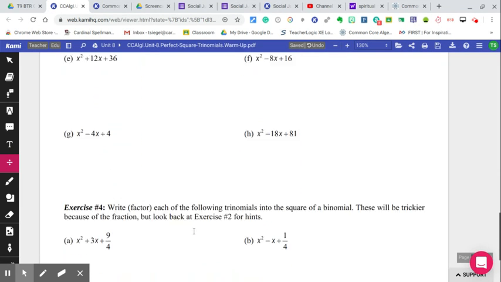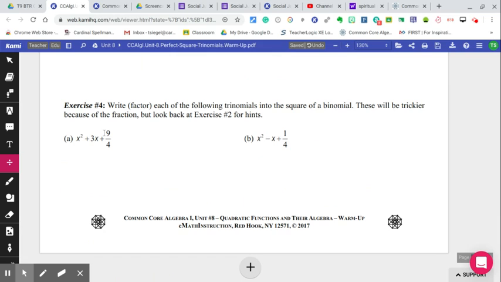All right, we come down here. So 9 over 4, the square root is 3 over 2. And if you double 3 over 2, it's 6 over 2, which is 3. So you have a perfect square trinomial. So you can factor this to x plus the square root of 9 over 4, which is 3 over 2.